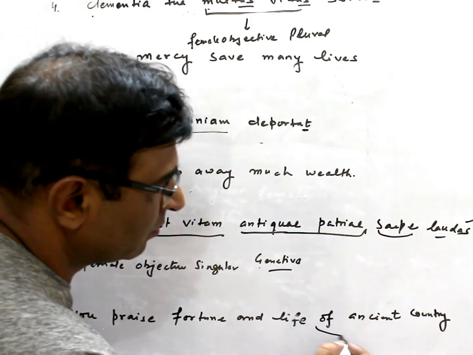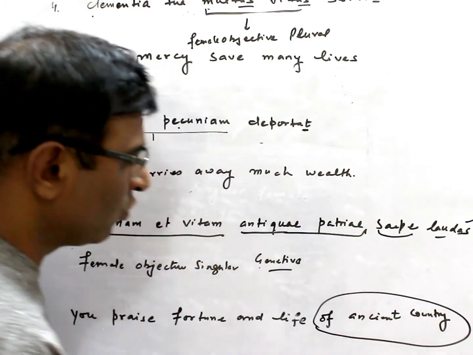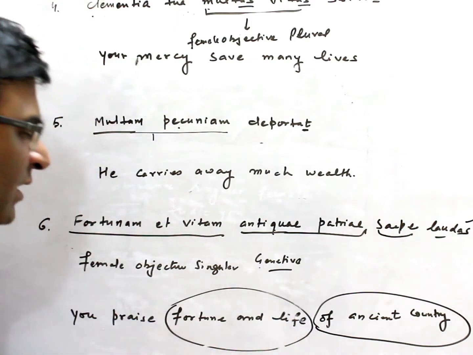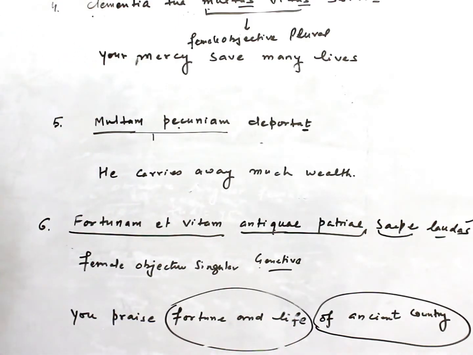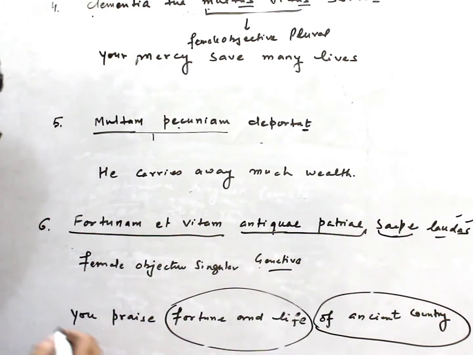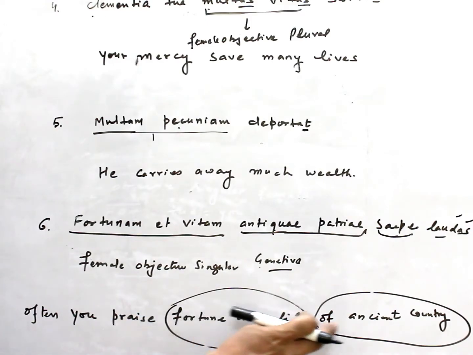So it becomes of for both, and these are objective, so you praise. So the total meaning is: often you praise the fortune and life of the ancient country. This is the meaning.